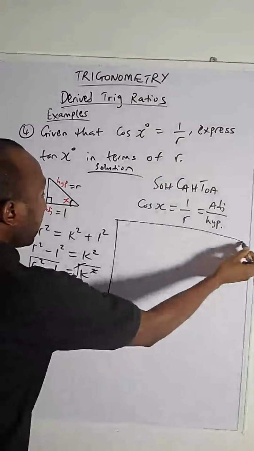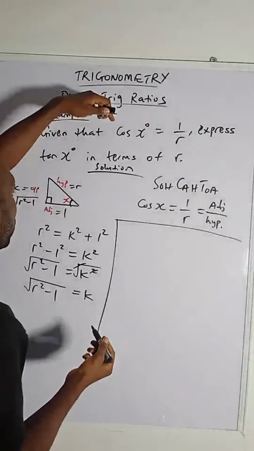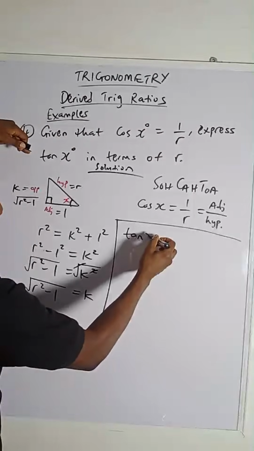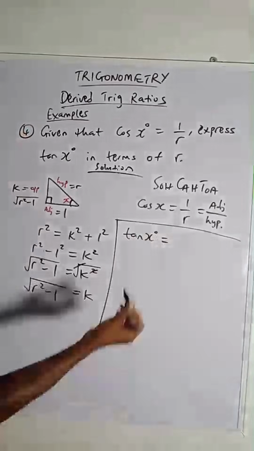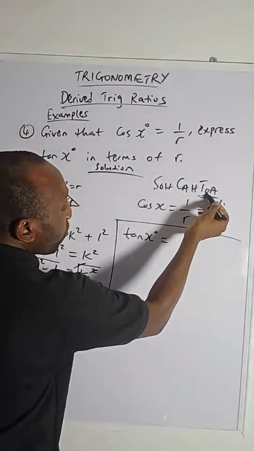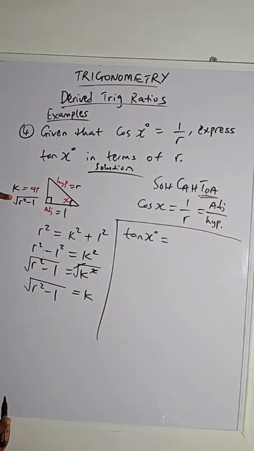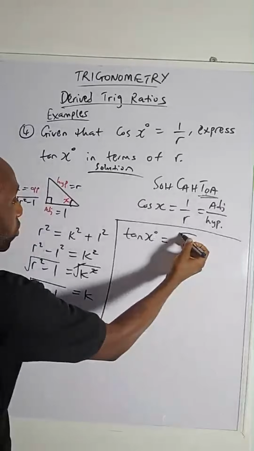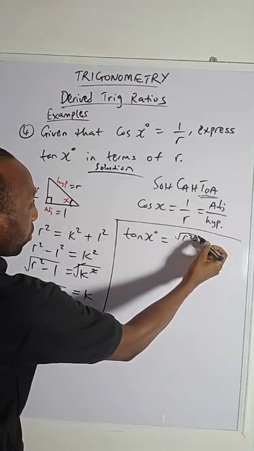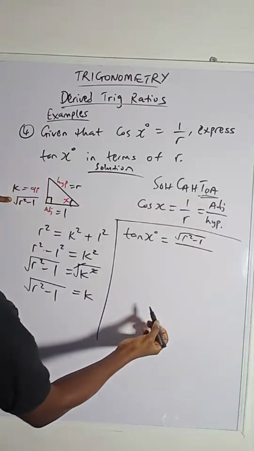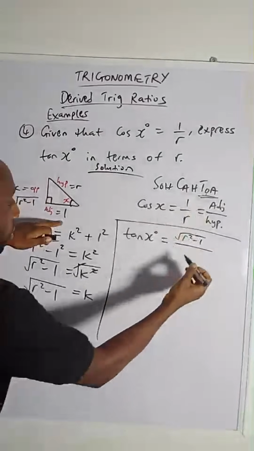Moving on, tan x degrees is equal to opposite over adjacent. The opposite side is root of r squared minus 1, all divided by the adjacent, which is 1.